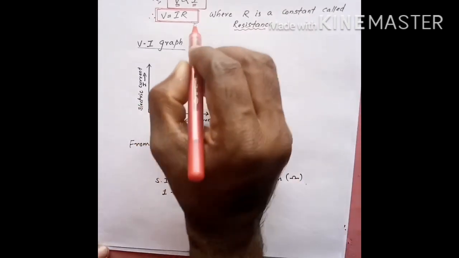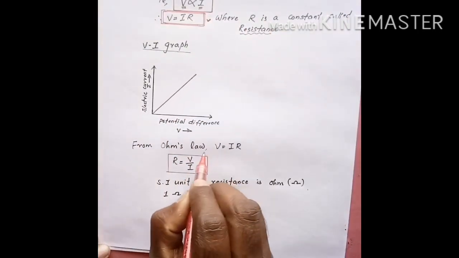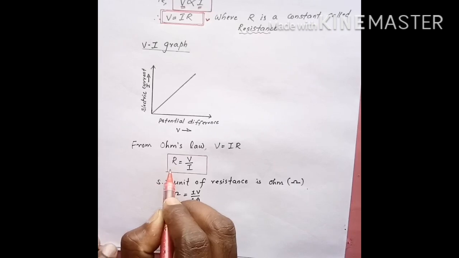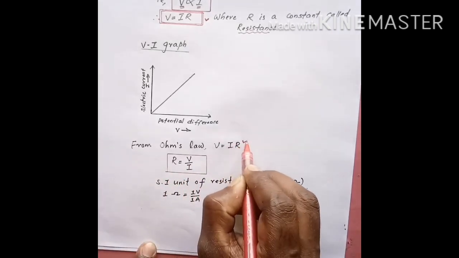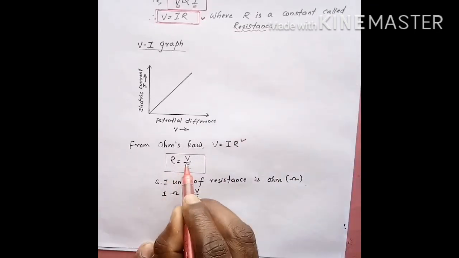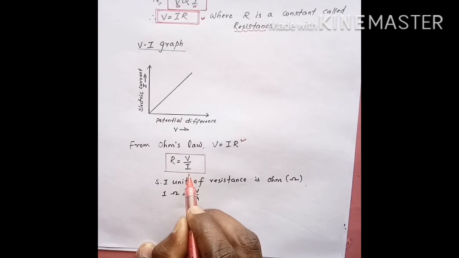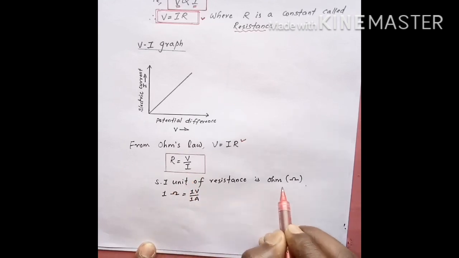From the above discussion, we have V is equal to IR from Ohm's law. Therefore, R is equal to V upon I, right? R for resistance. Resistance is equal to potential difference divided by electric current. So the SI unit of resistance is Ohm.